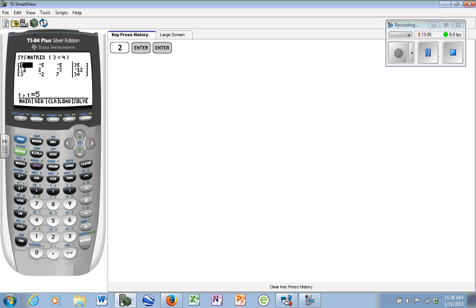Then it gives us a matrix. And you plunk in all your numbers, and you say solve. And this is basically an augmented matrix. And when you hit solve, it goes through those row operations that you see in your book, and it gives you your answers. There's x, there's y, and there's z.